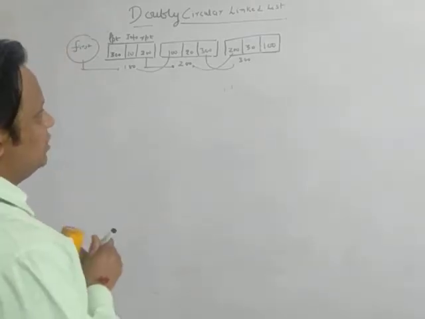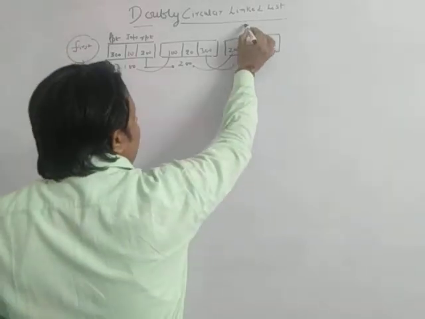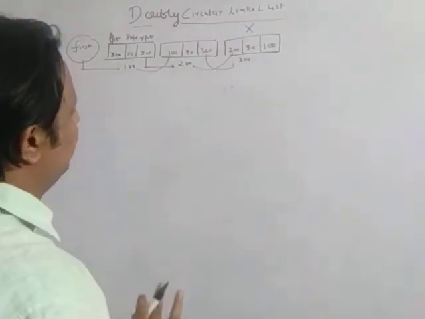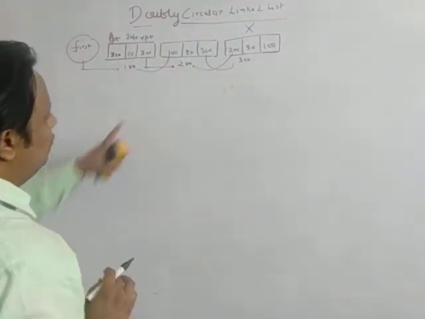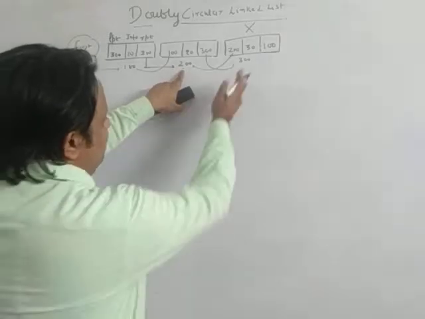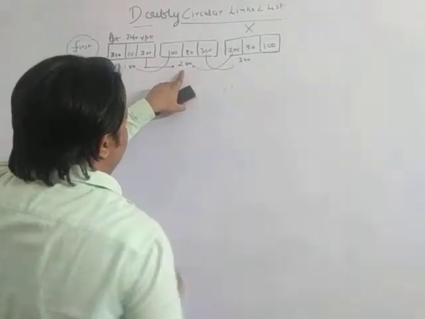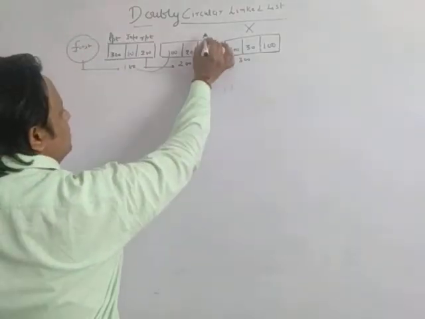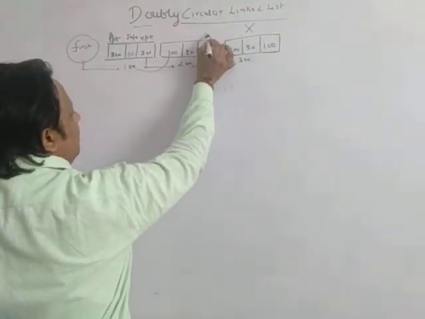So what changes are required? First, you want to delete this, so you need the address 300 to free from the memory. Then you require address 200, just one node behind this, and you want to change this address to the address of the first node. I want 100 here.